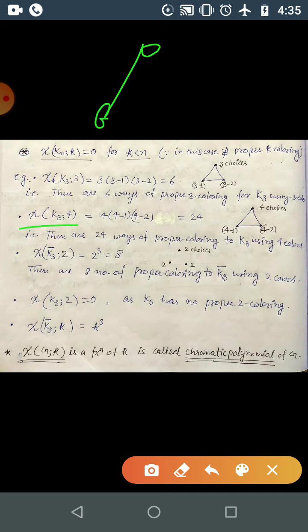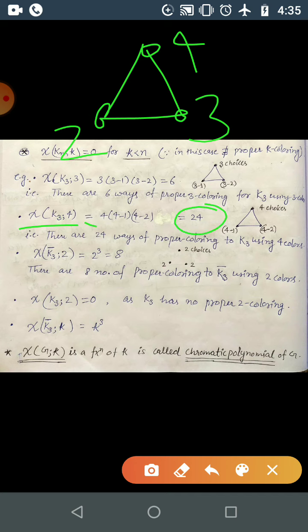For example, K3 has 4 choices for the first vertex, then 3 choices because 1 is already colored, and then 2 choices because 2 are already colored. So it is 4 into 3 into 2, and you can just calculate by the formula if you remember, or you can just try out this one.